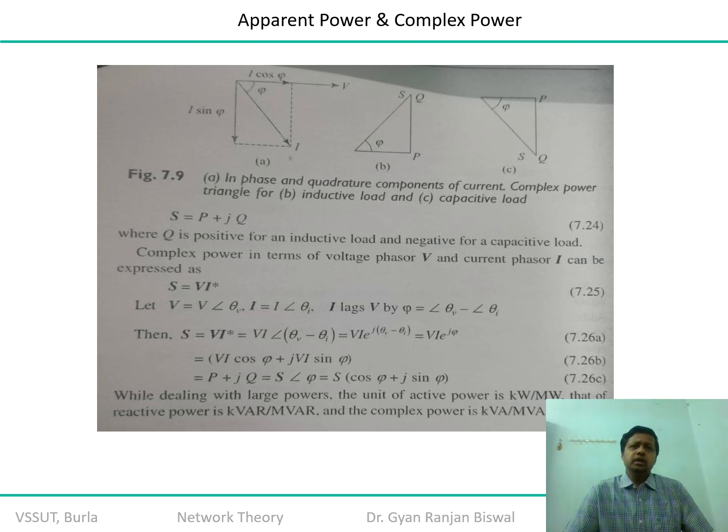For very big consumers, they generally give the demarcation in megawatts, but still remember the standardization is the same: 1 unit ultimately converts to 1,000 units. So 1 unit of electricity consumption is nothing but the consumption of 1 kilowatt of energy by you. Next time you remember it. Okay, yes.